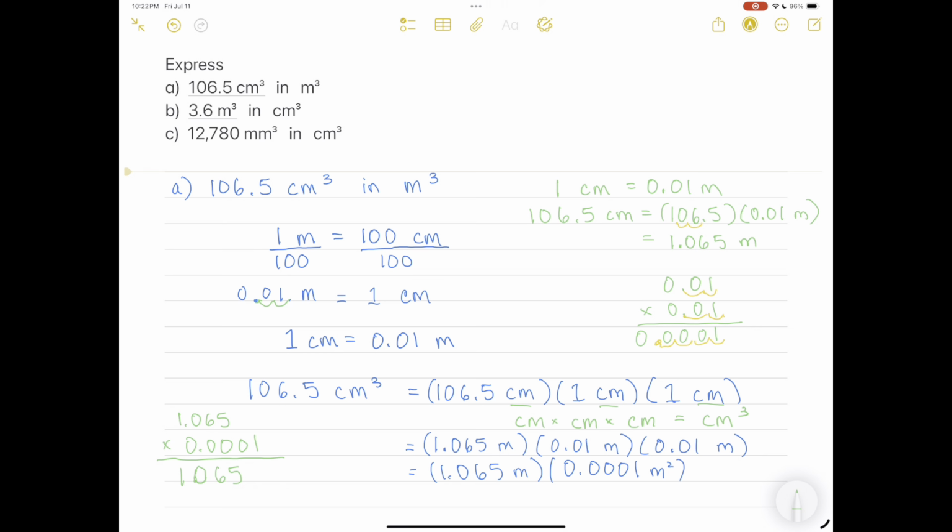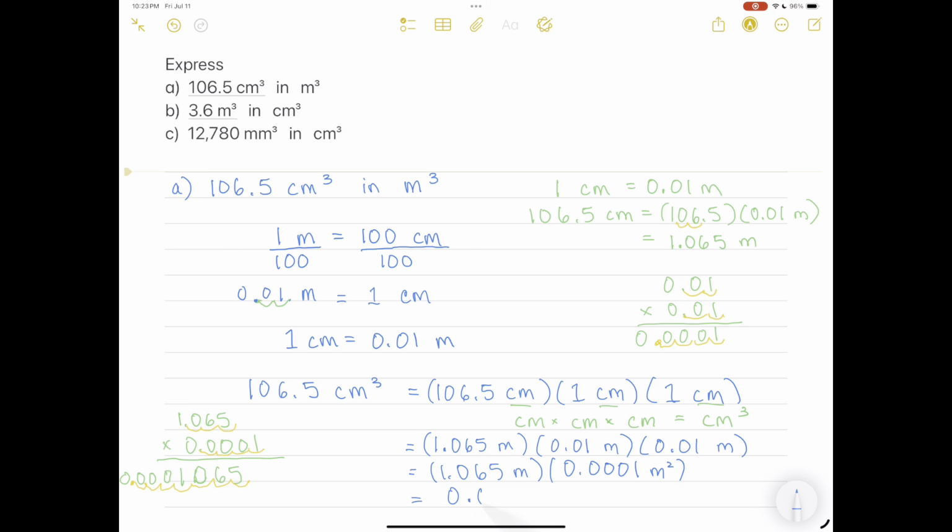And now I just need to add the decimal places from both factors. I have 3 decimal places from the first factor and 4 from the second for a total of 7 decimal places. So I bring that decimal point 7 scoops to the left, fill out those empty scoops with zeros to get 0.0001065.